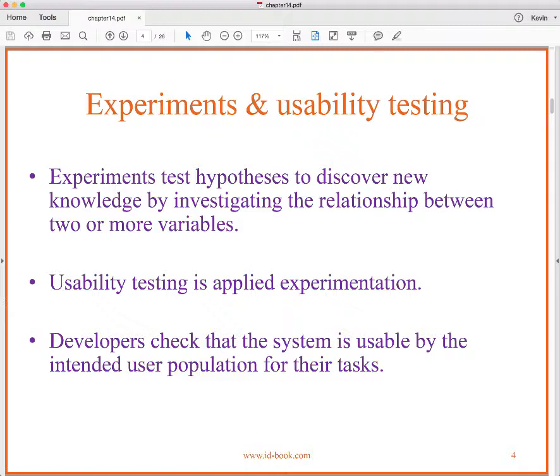Looking at this, we can think of usability testing as applied experimentation. Developers check that the system is usable by the intended user population for their tasks. And one issue that keeps coming up as we go through the textbook is how reasonable is it going to be, if we're a practitioner working with developers, that we'll have two or more alternative versions of the user interface to test?